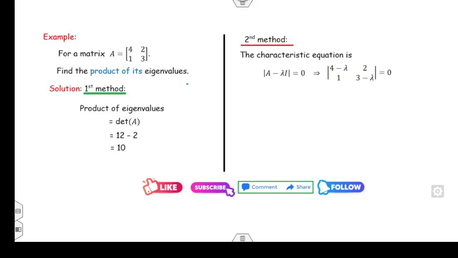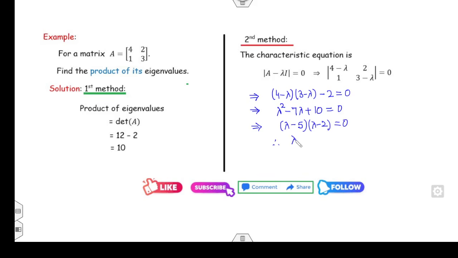Now can you expand this determinant? So that will be 4 minus lambda, 3 minus lambda, minus 2 is equal to 0. Now if you open this bracket, it is lambda square minus 7 lambda plus 12 minus 2. So can you factor them? It will be lambda minus 5, lambda minus 2.